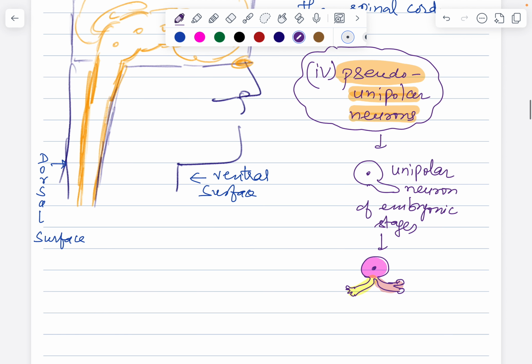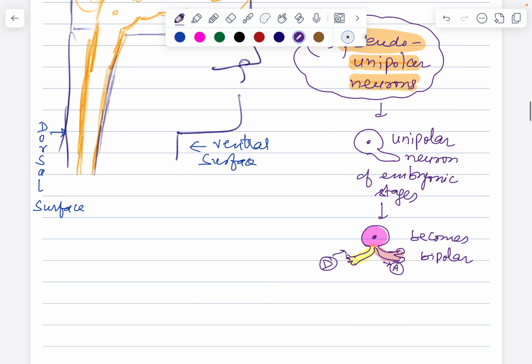So the unipolar neuron of the embryonic stages becomes bipolar, with one dendron and one axon attached to the cell body. However, we can notice that the processes are very close to each other.